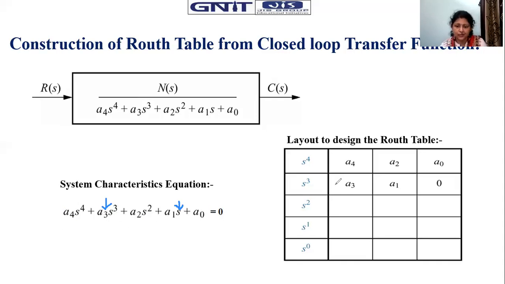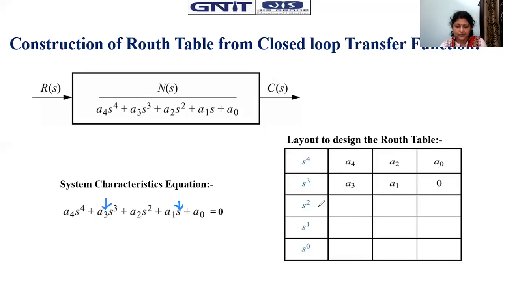So s cube correlates with a3, then we have a1, then 0, because there are no more coefficients. Then we have to generate the next rows. So this is basically the layout.